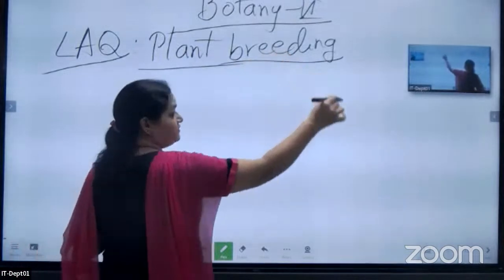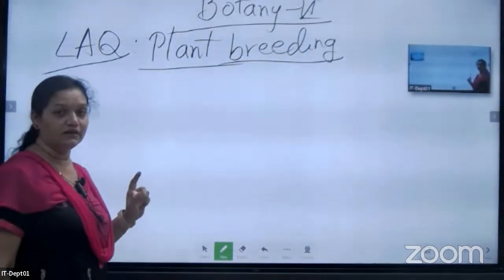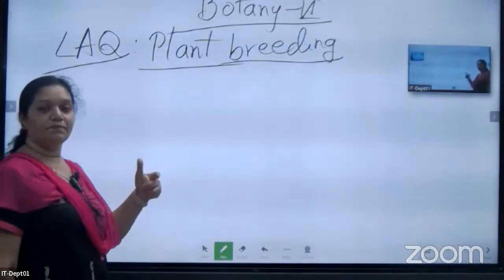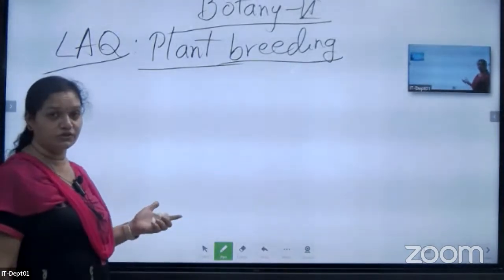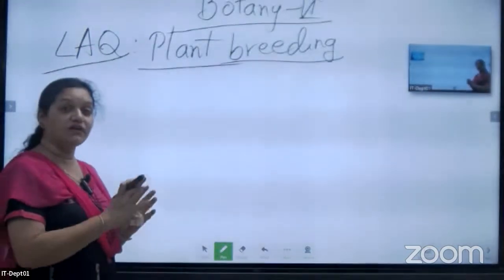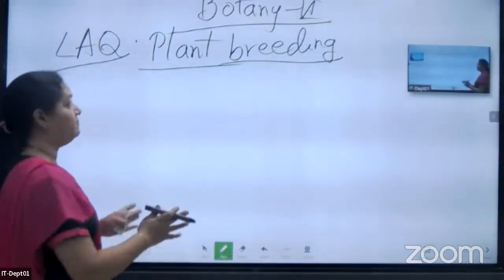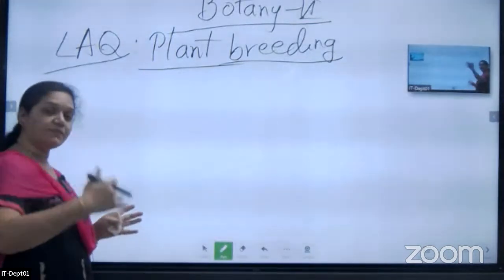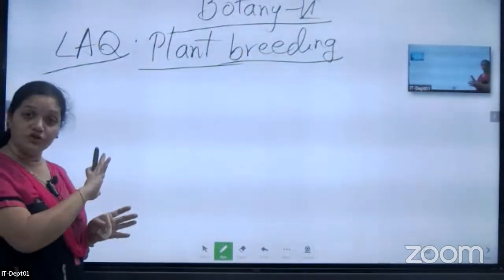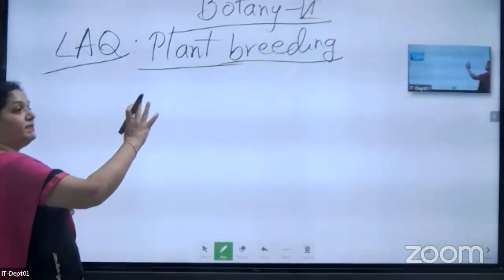The question will be: if you are a botanist working in your garden to breed plants according to your interest, what steps will you follow? We have to write the answer in a systematic manner. We have to write what is meant by plant breeding and the steps, nothing else. So what is meant by plant breeding?